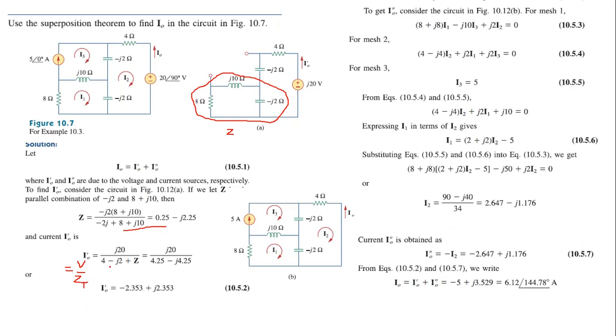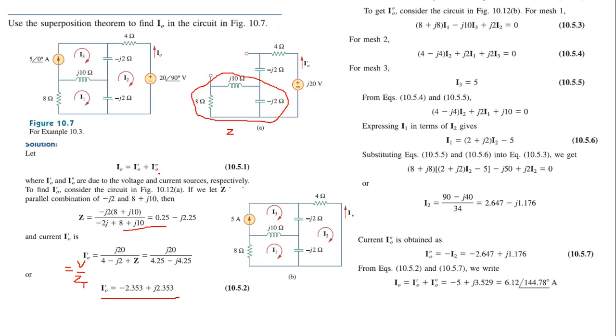So 4 ohms, minus j2, plus Z, everything is in series, so everything added up together will give you the total impedance, and the voltage is j20. So find out the value of current I naught dash. Now this is the current due to the voltage source alone.